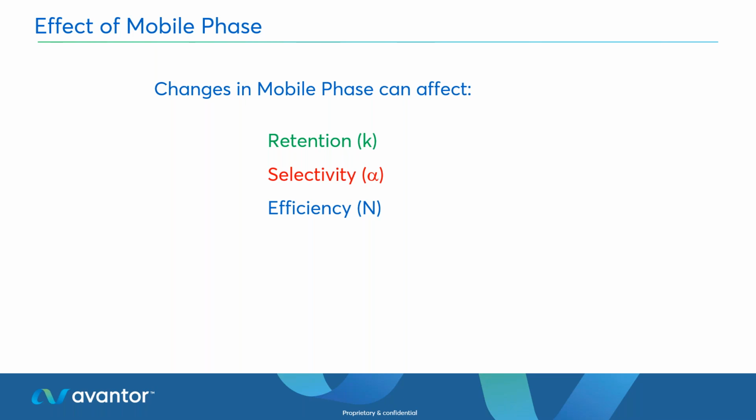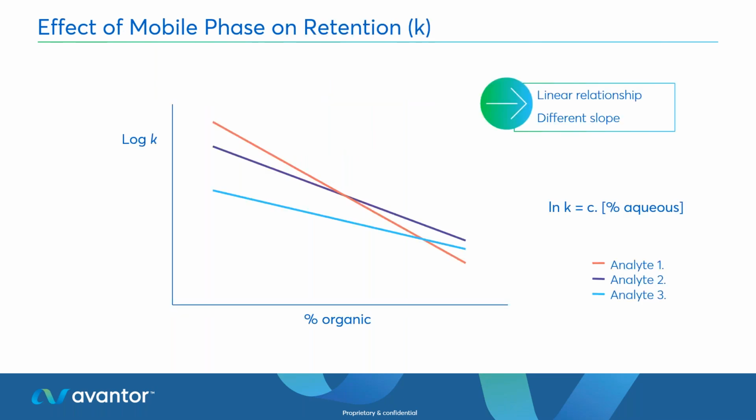And probably the most simple way to look at this and think about this initially is with an isocratic method. So what we have here is we choose a mobile phase that has a certain percentage of organic solvent and a certain percentage water, and we plot the retention time for our compounds.